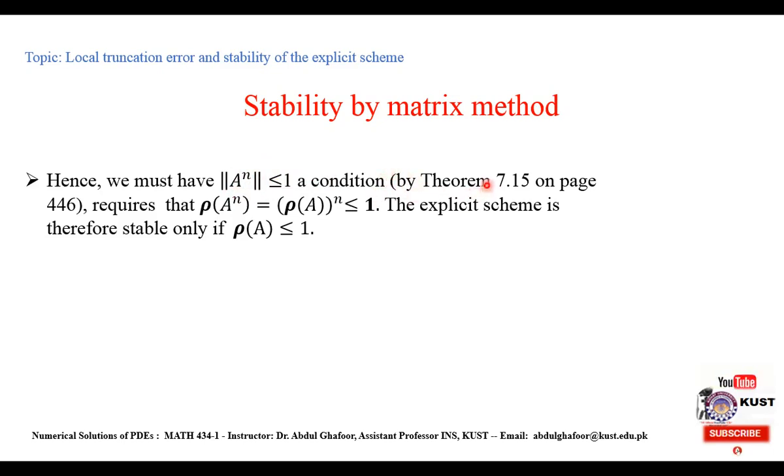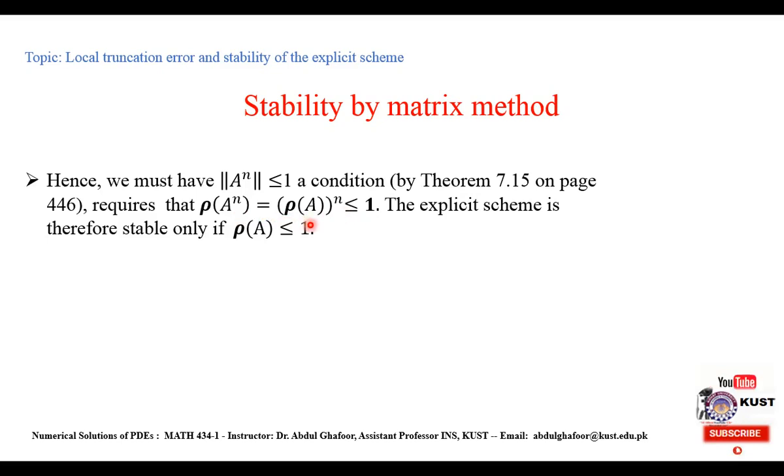For this we use a theorem on page 446 in the book of Burden and Faires: when this norm is less than or equal to 1, then the spectral radius of A^n should be less than or equal to 1. So the spectral radius of A^n, which is equal to the spectral radius of A raised to the power n, is less than or equal to 1.